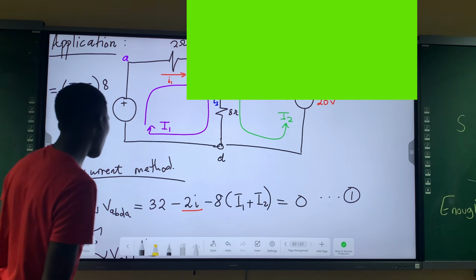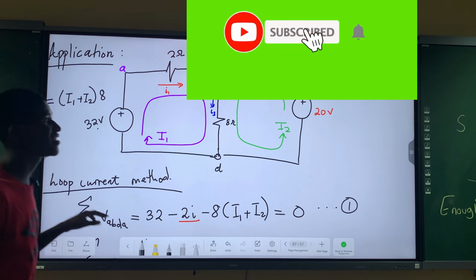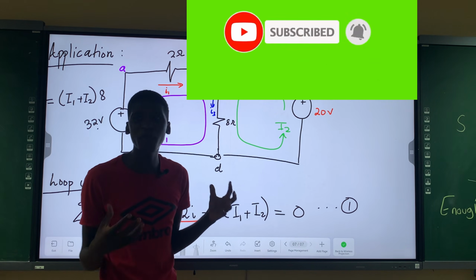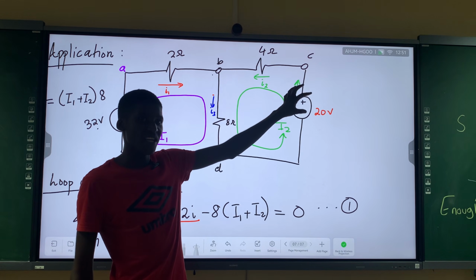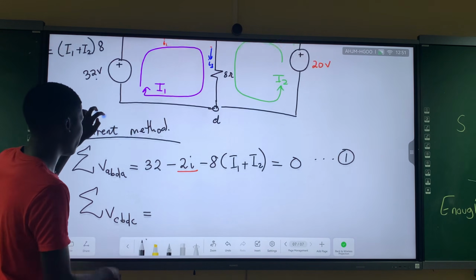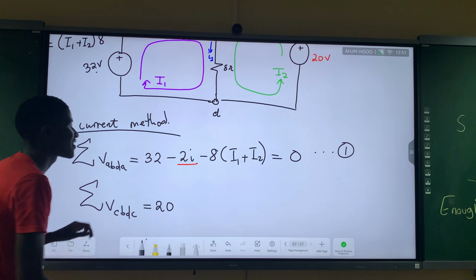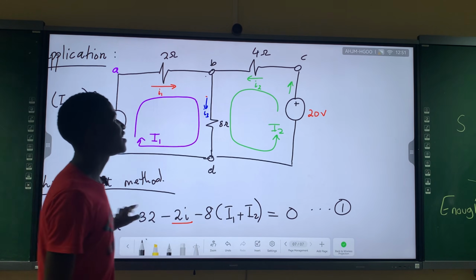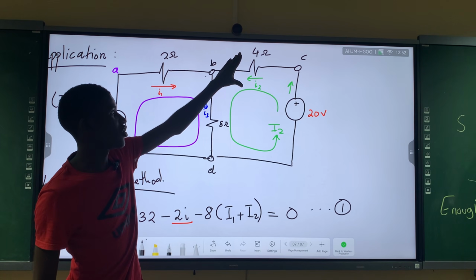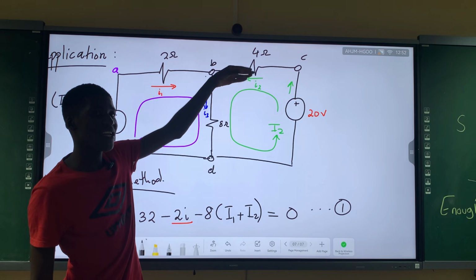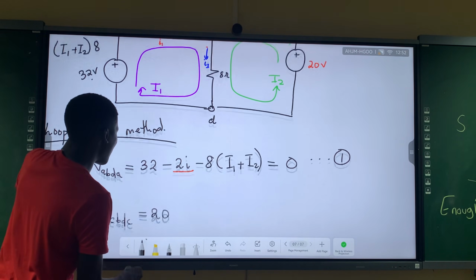As we're looking at the voltage containing components, the voltage source of 20 volts is positive because it's a voltage gain there. That's easier. And then what else do we have? The 4 ohms is having a voltage drop, so we're going to have a minus there.